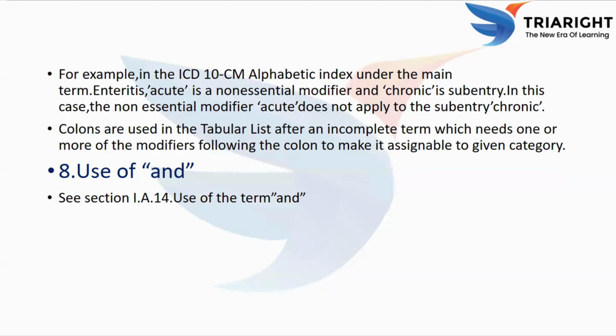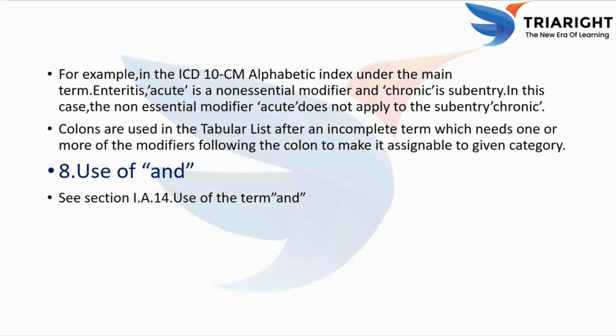And then coming to colons. What are colons? These are used in the tabular list after an incomplete term that requires one or more modifiers. The modifiers that follow the colon complete the meaning of the code category. So what is the purpose of using this colon? To make the term assignable, to make a specific category, to complete a code.